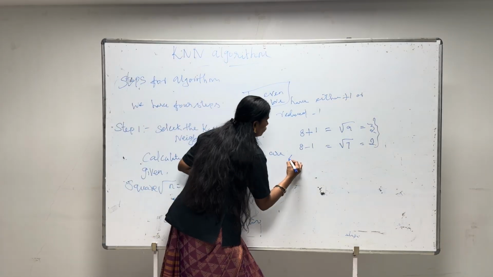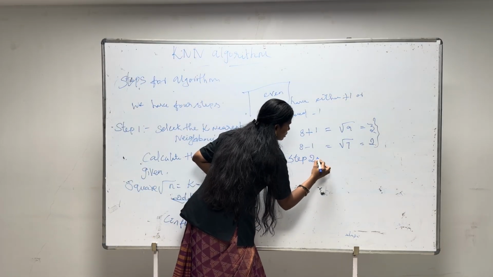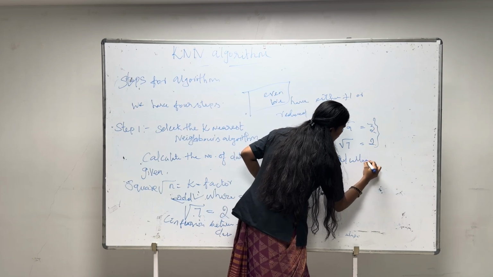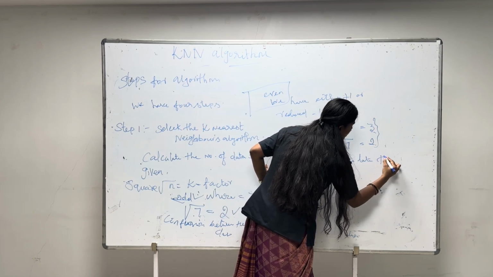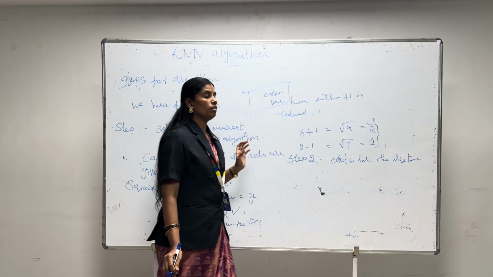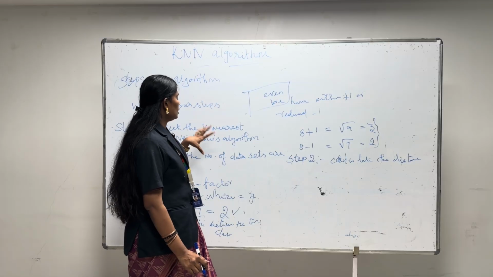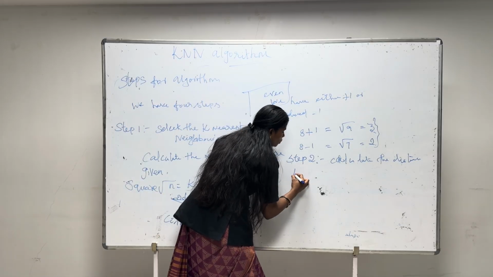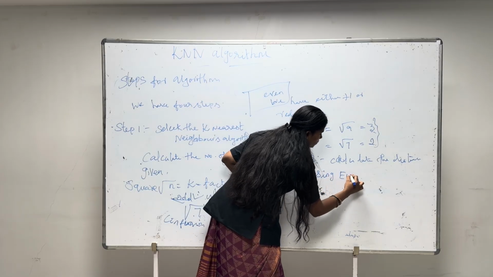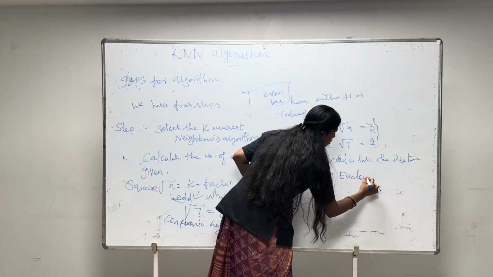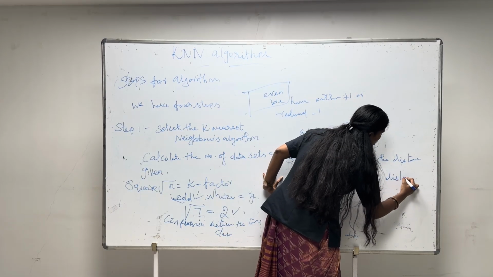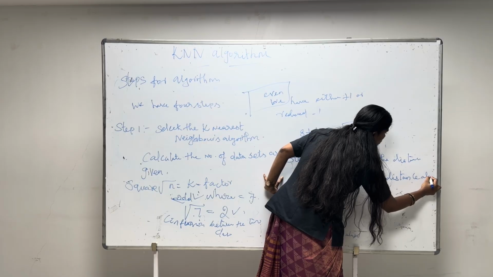So step 2 is nothing but calculate the distance. How will we calculate the distance in the given data sets? By using the Euclidean distance algorithm.